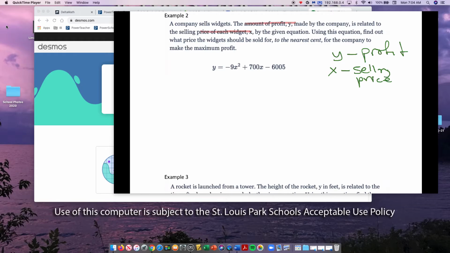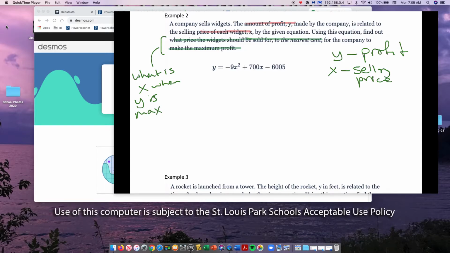Using this equation, find out what price the widgets would be sold for, to the nearest cent, in order to earn the maximum profit. So when you think about transferring this question, we want to know what is x when y is a maximum.